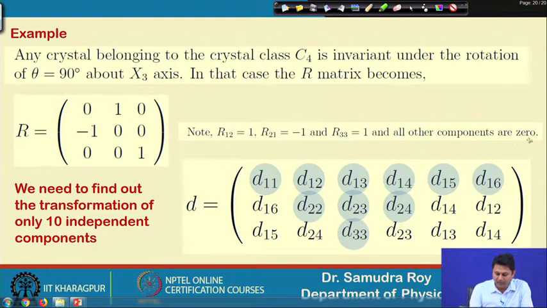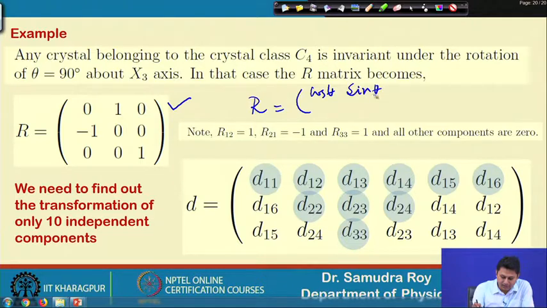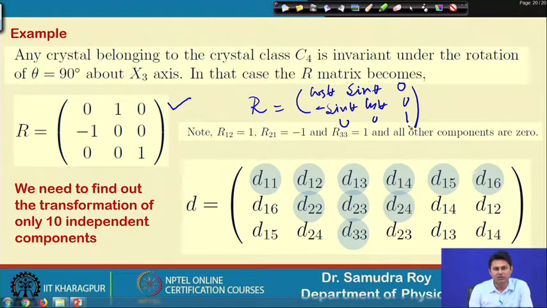Since we are rotating 90 degrees, my R matrix will be simply 0 1 0, minus 1 0 0, 0 0 1, because the rotation matrix, as we know, is cos theta, sin theta, 0, minus sin theta, cos theta, 0, and 0 0 1. This is the rotation matrix around z.